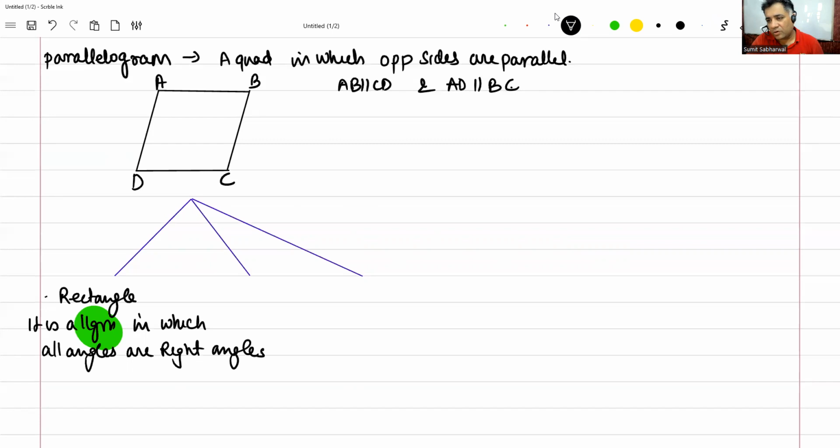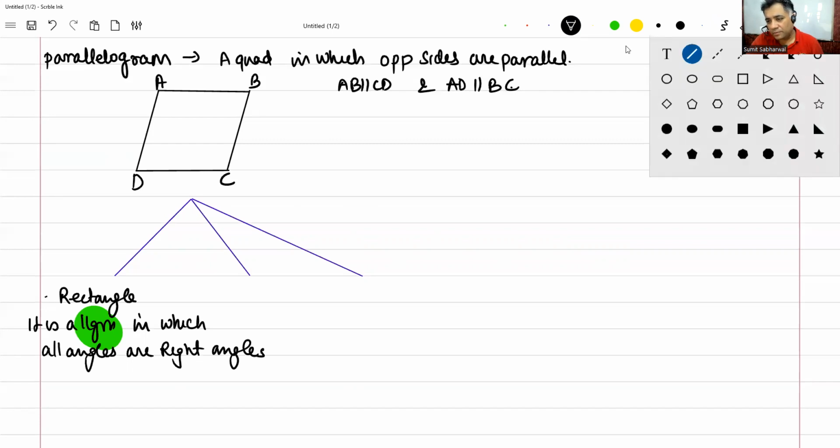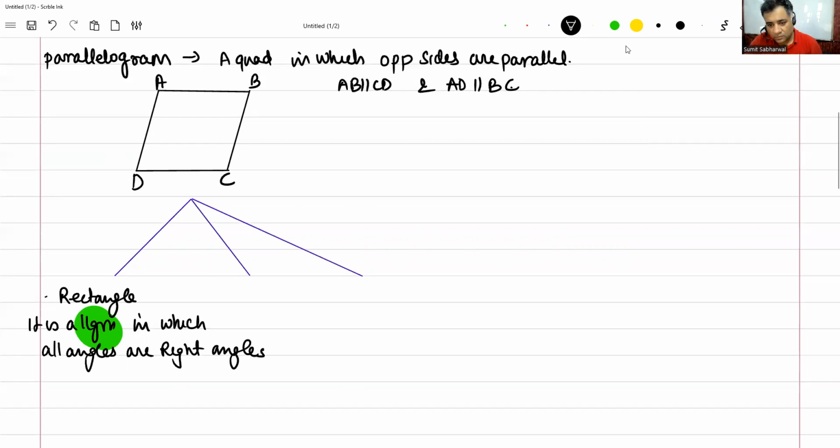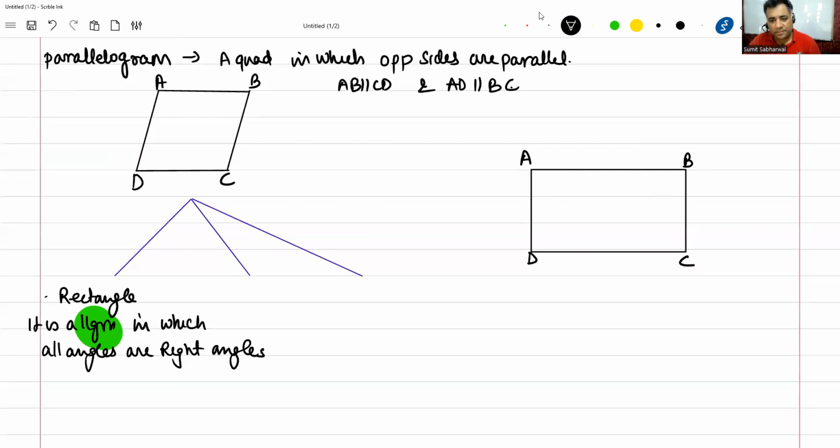Let's make up a rectangle first. So what do you see in this case of a rectangle? That all angles are right angles. A rectangle is called a parallelogram as well. If we say that a rectangle is a parallelogram, it clearly means that it has all the properties of a parallelogram. Okay.